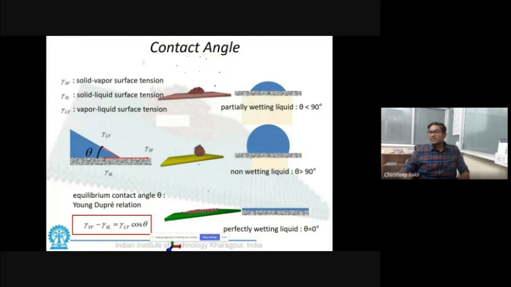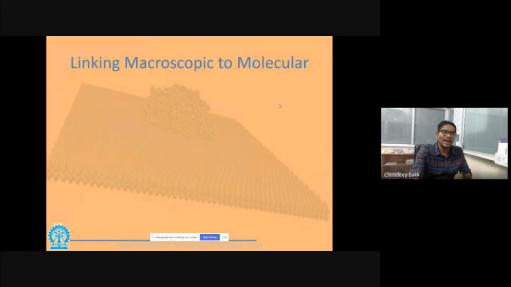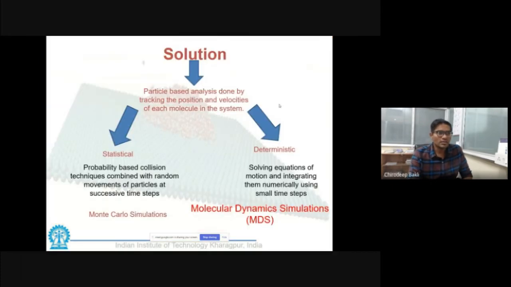Okay, so this is the concept of wettability and contact angle, and starting here we switch gears to the next part, where we try to find out the microscopic signature of this wettability and contact angle, which we know by equations in the continuum.